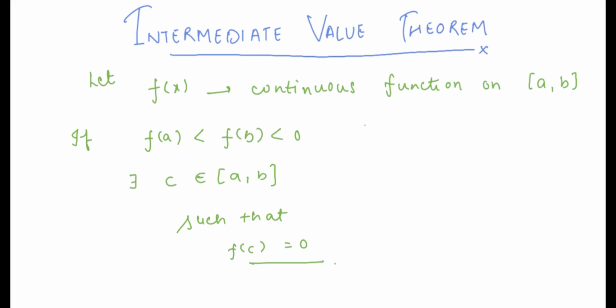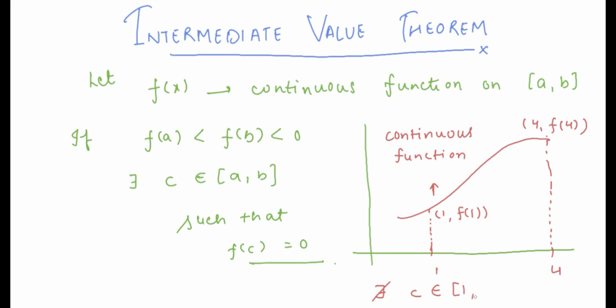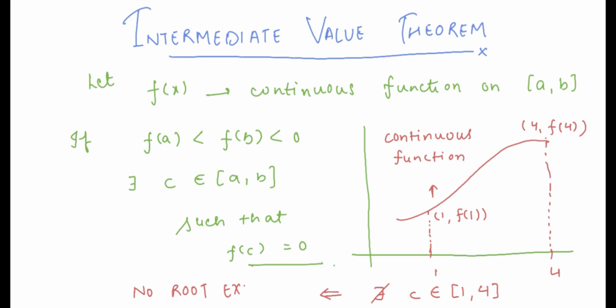Now if I say the function is continuous, that means the graph has no break. And the closed interval I'm taking to be 1, 4. Now if I get f of 1 greater than 0 and f of 4 also greater than 0, then there doesn't exist any c that belongs to the closed interval 1, 4 such that f of c becomes 0, because the graph is not cutting the x-axis in this interval, and that represents that there doesn't exist any root.